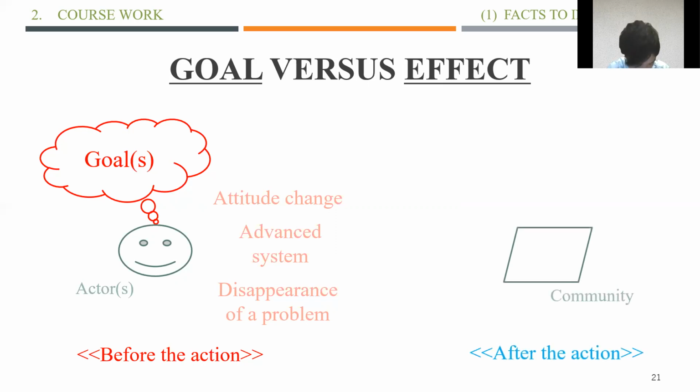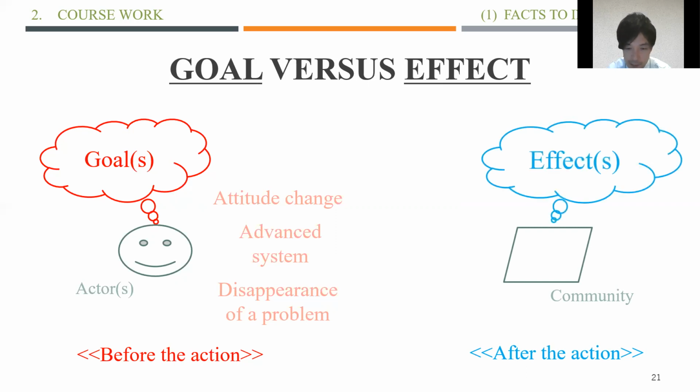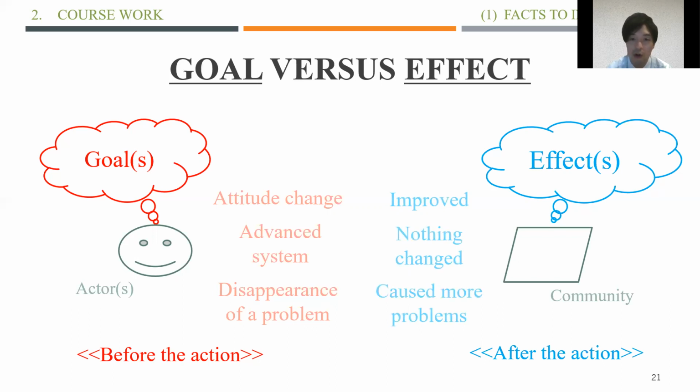And finally, after the policy process, we usually get some consequence or result. This we call effect. Okay, and this effect may be improved something, or nothing changed, or it caused more problems.